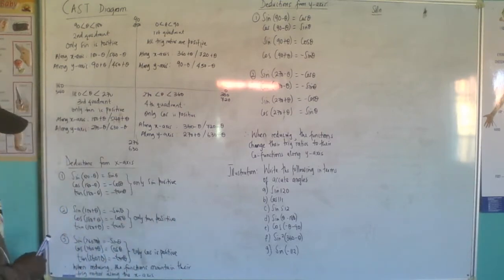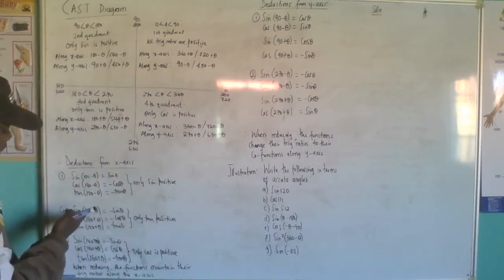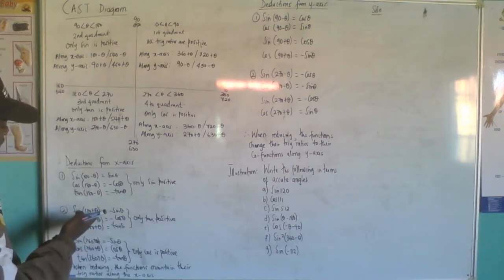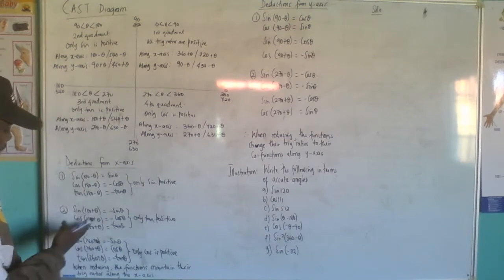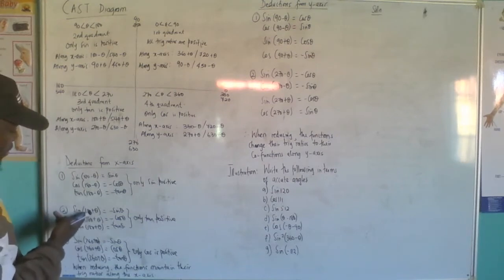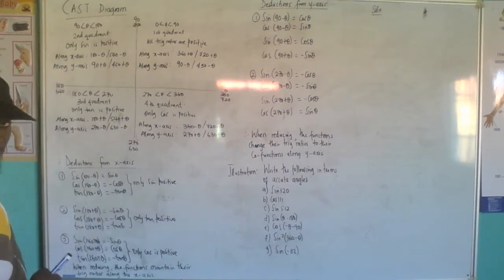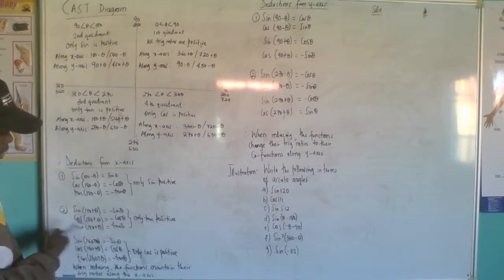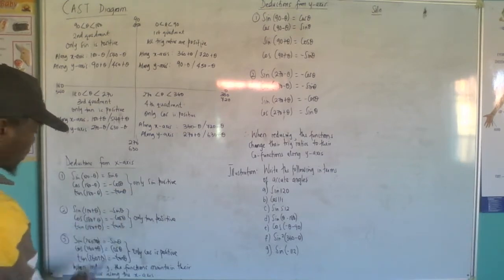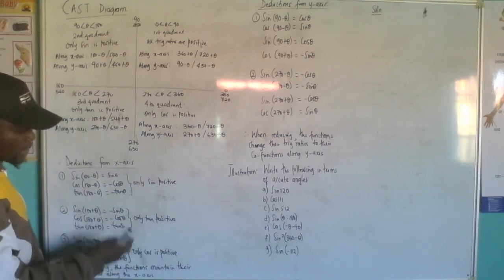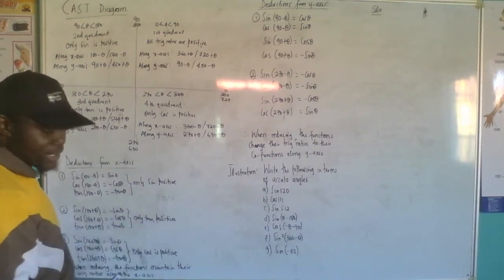In the third quadrant, take sine of 180 plus theta, you get minus sine, cos of 180 plus theta is minus cos, and tan will give you a positive tan. That means in the third quadrant, only tan is positive.